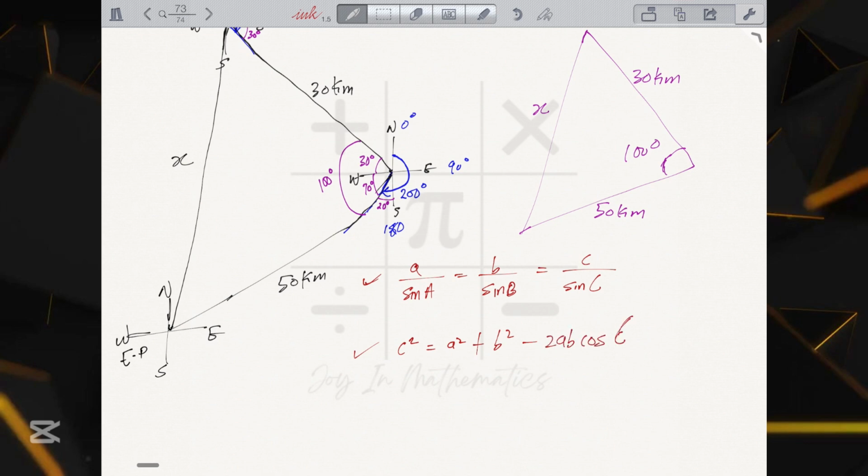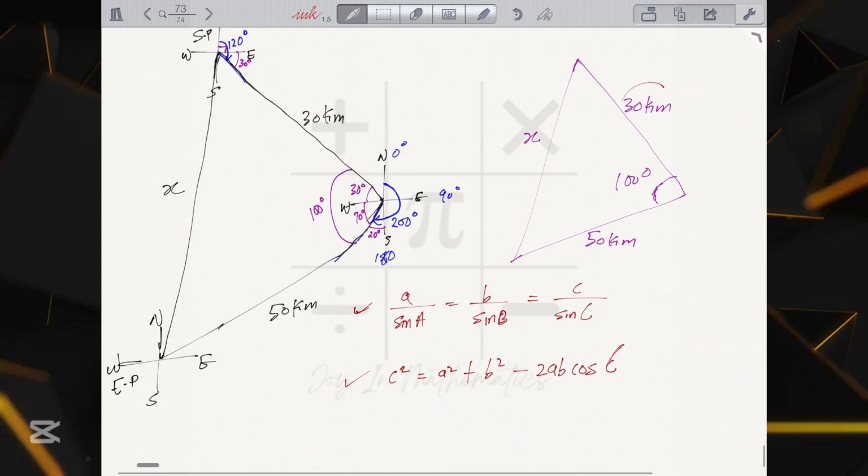Now this is the same thing we have there. We have two lengths, which is cosine law, and one related angle. So we can easily evaluate the distance now. So we say x squared is equal to, just like we did in cosine law, 50 squared plus 30 squared minus 2 into 50 multiplied by 30 multiplied by cos 100 degrees.